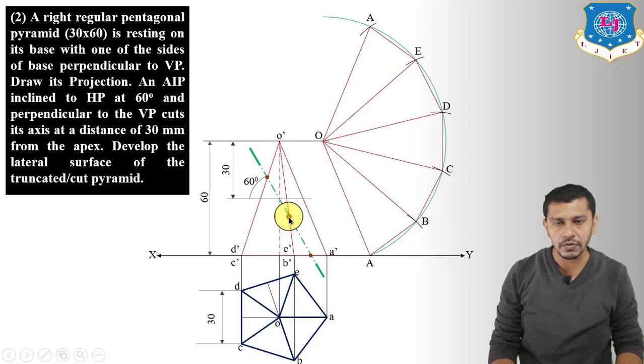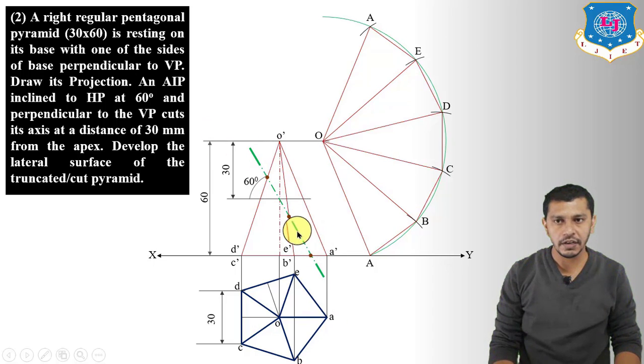This point will show the intersection point of the cutting plane with the slant edges OE and OB, and this point will show us the intersection point of the cutting plane with the base edges AB and AE.